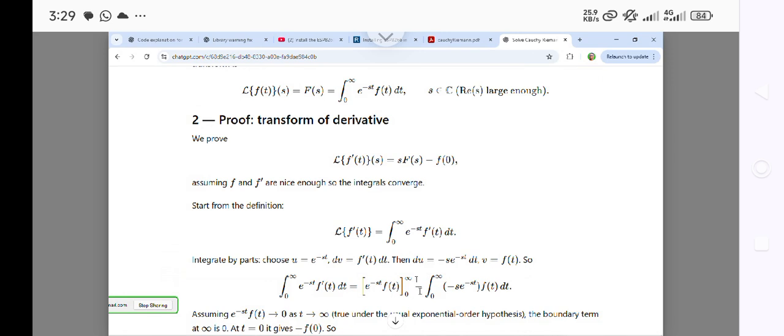So minus the integral of v du. This is your v, and your du is this. You see? So when you have put these things in this formula, the next thing is to solve this and get your final answer.